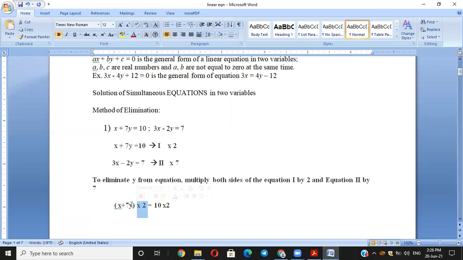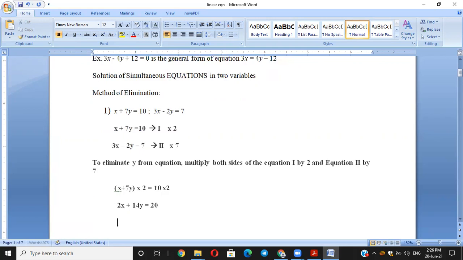So 2 should be multiplied to the whole bracket. First multiply this 2 with x. So that will become 2x. So 2x plus, multiply this 2 with 7. So this will become 14y. 2 7s are 14. So let us write it as 14y. Right. Is equal to 10 into 2 is 20. So equation 1 will become 2x plus 14y equal to 20.